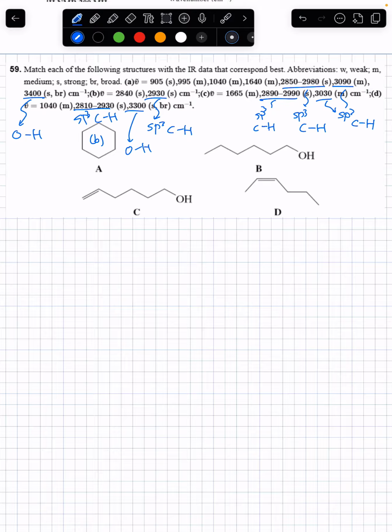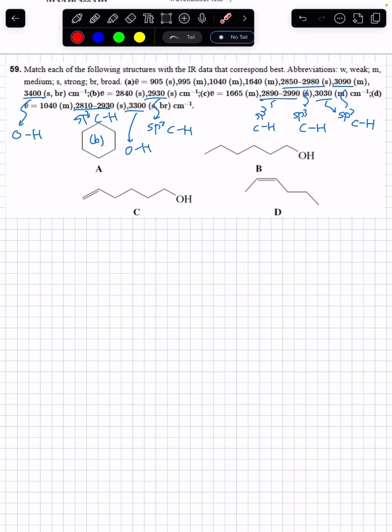Okay, so what can we conclude? Well, we've assigned the spectrum B, so it's a little hard to see here. So there's A, and then C, and then D to assign. Now, of those, both A and D have alcohols in them.